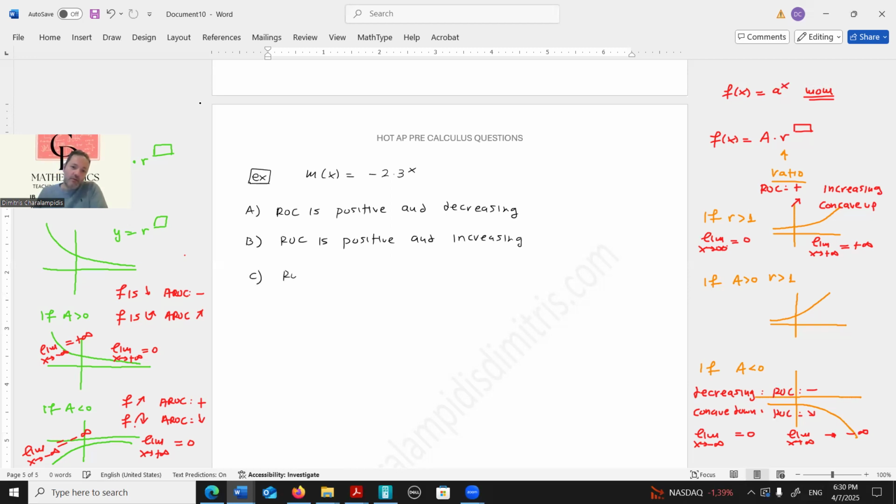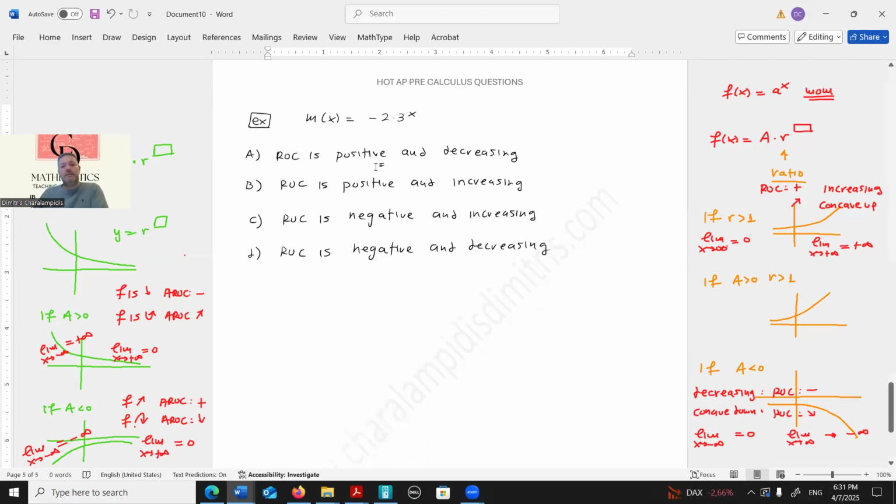C, rate of change is negative and increasing. D, rate of change is negative and decreasing. Okay, let's see how we would work on that.